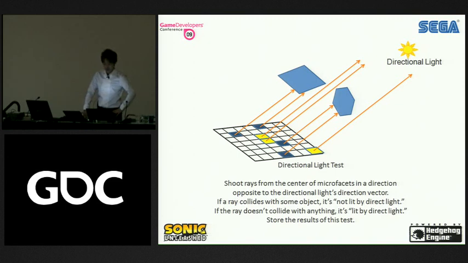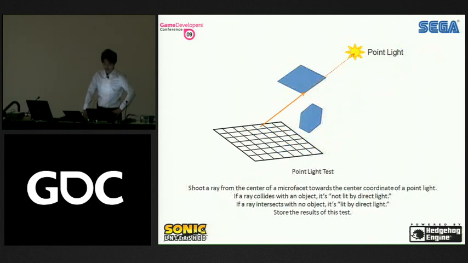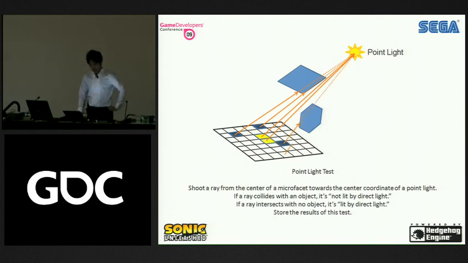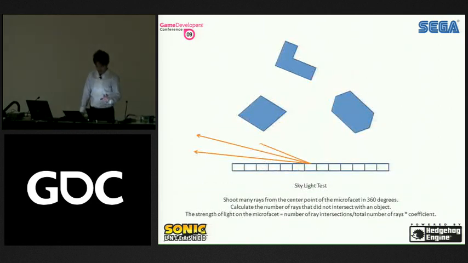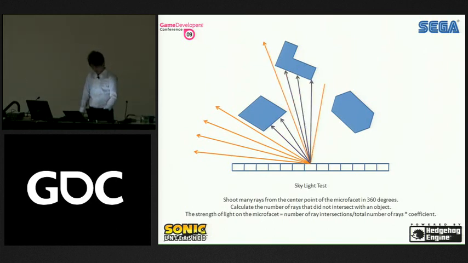The light hits the object, and the part that is not hit doesn't have the light. If it shines, that means the light hit that part. The same thing happens with the point light. The vector direction is different. It goes to the point light. You can determine which part is dark and which part is light.